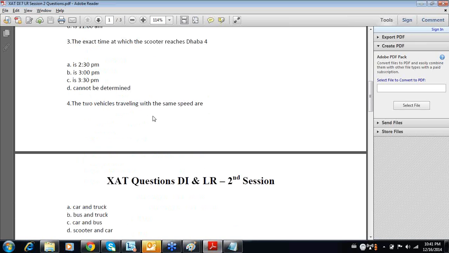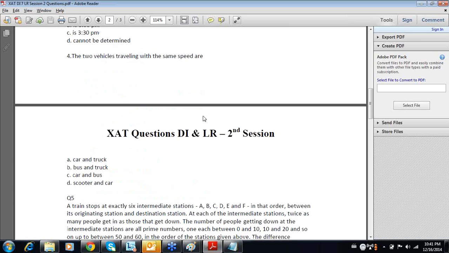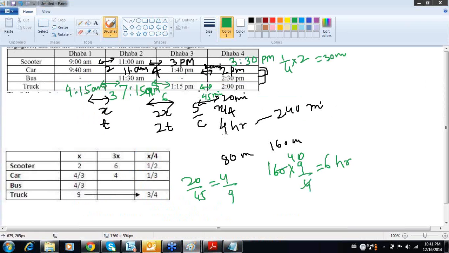Two vehicles traveling at the same speed are what? Okay. Two vehicles that are traveling at the same speed. Just see what it will be. So same speed it is saying.